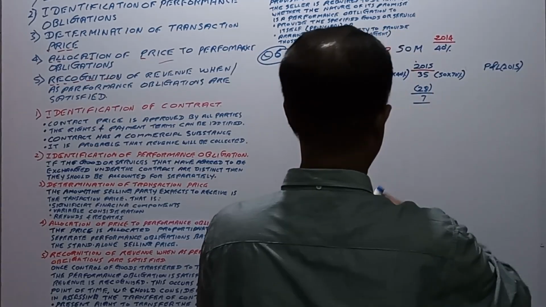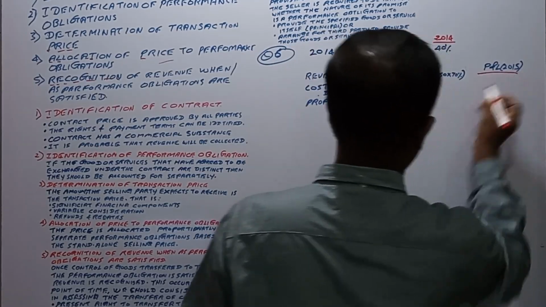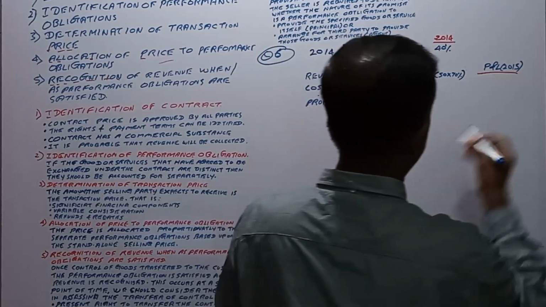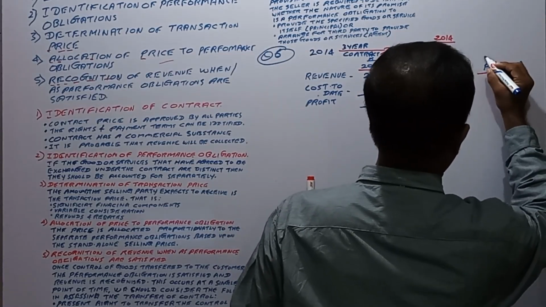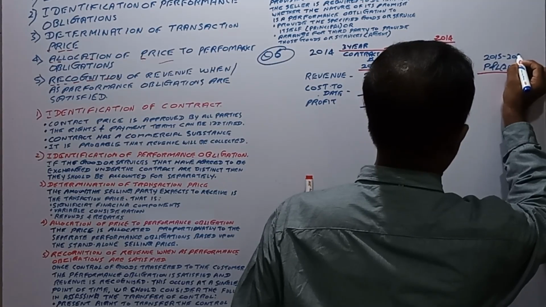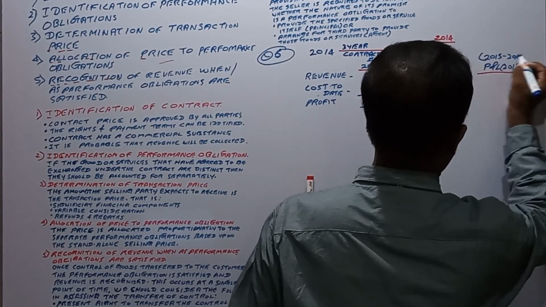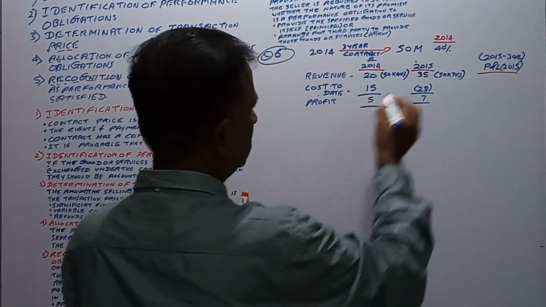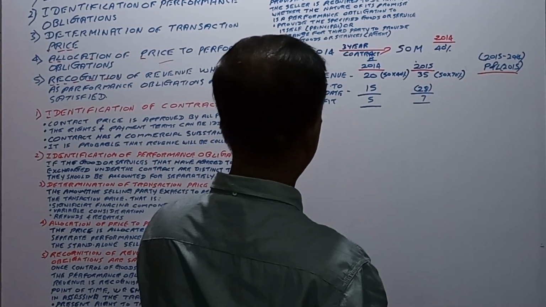You have to take 2015 minus 2014. You have to deduct, then only the 2015 P&L will come.